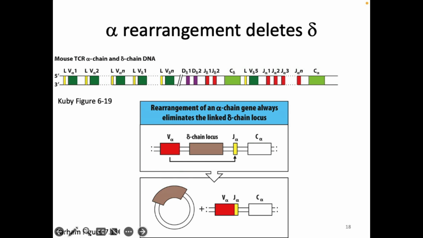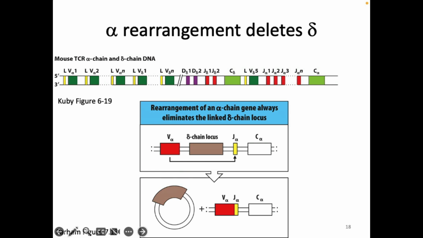So when we put a V alpha and a J alpha together, we delete out the entire delta locus. And so once we delete delta, being a gamma delta is not a choice anymore. We have fully 100% committed. We can't go backwards and try something else. Now we are stuck being an alpha beta.